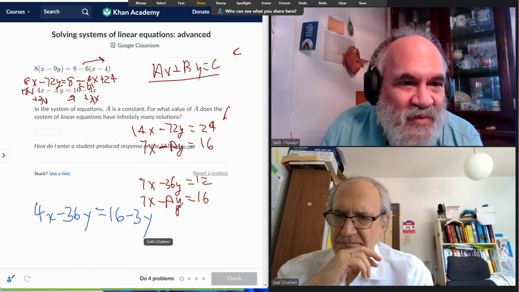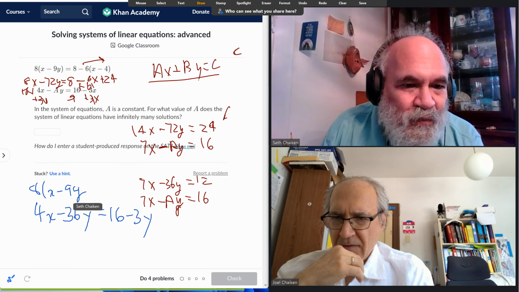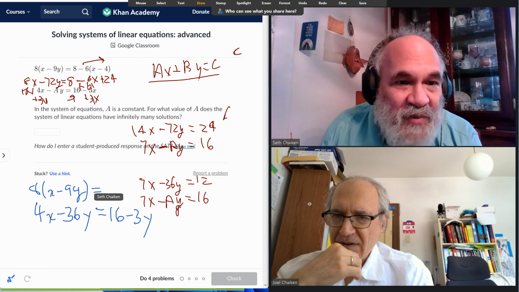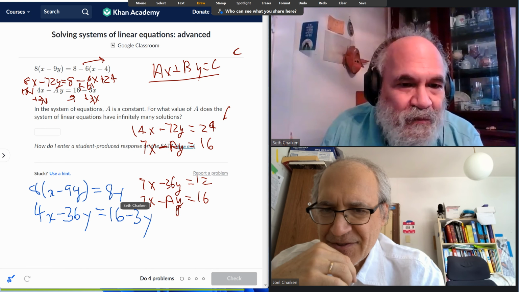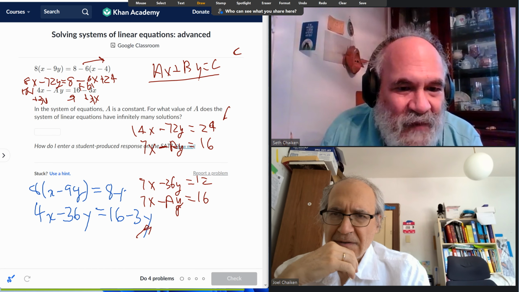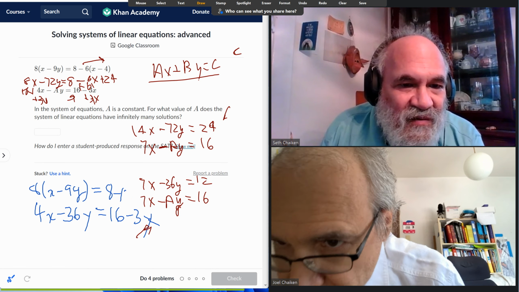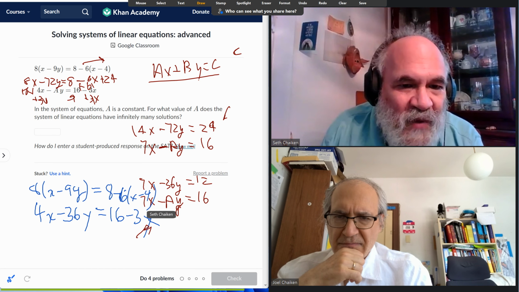And the equation above it is 8 times x minus 9y. Right? I'm not sure where you're getting any of this. I'm just copying the equations from the beginning. No, but that's a 3x here. That's not a 3y. That's a 3x. Oh, it is? Yeah. All right. A minus 6 times x minus 4. All right.